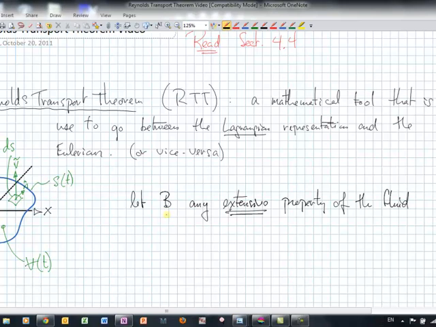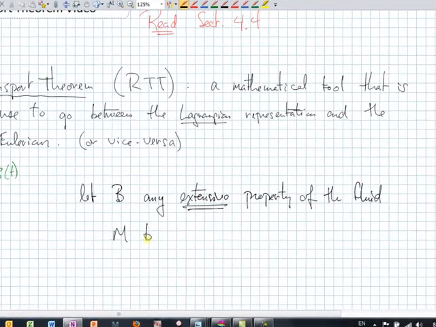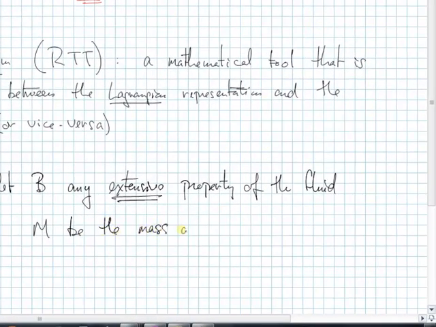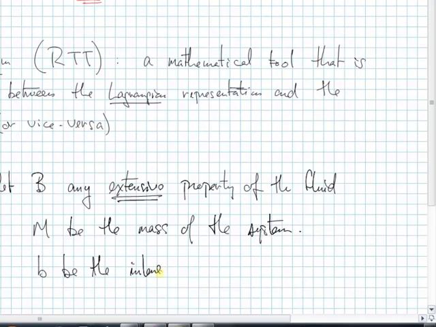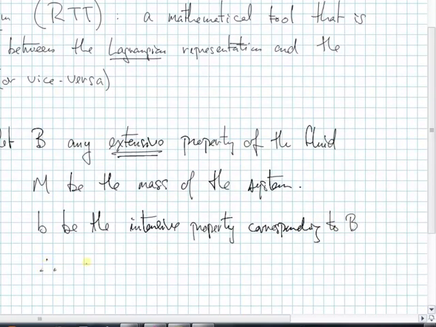Let the mass of the system be m. And let's let little b be the intensive counterpart to B. So that means that little b is equal to big B divided by m. All right, so far so good.